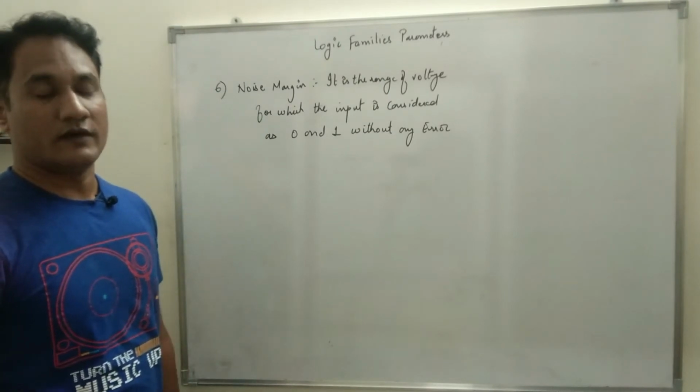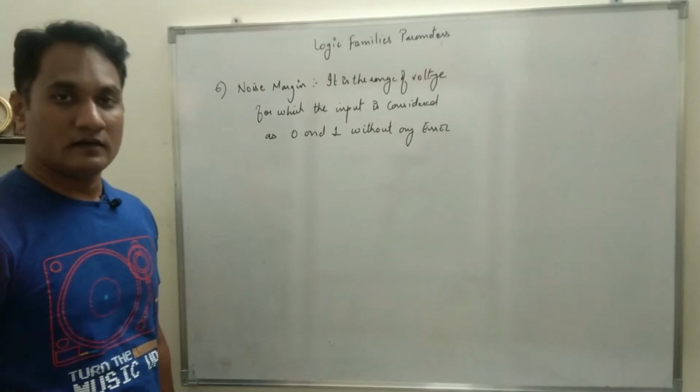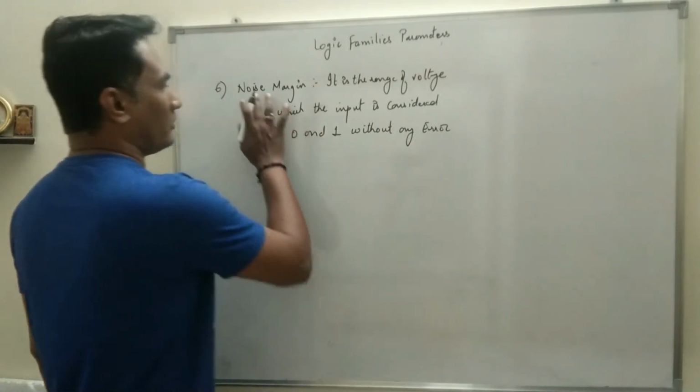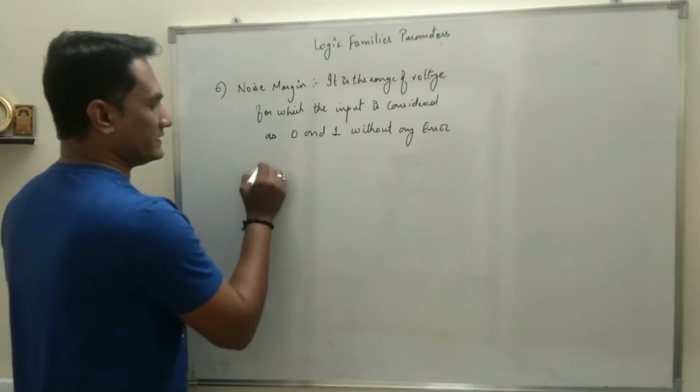That range of voltage which can be considered as 0 and 1 without any error will be called the noise margin. I will give you an example.